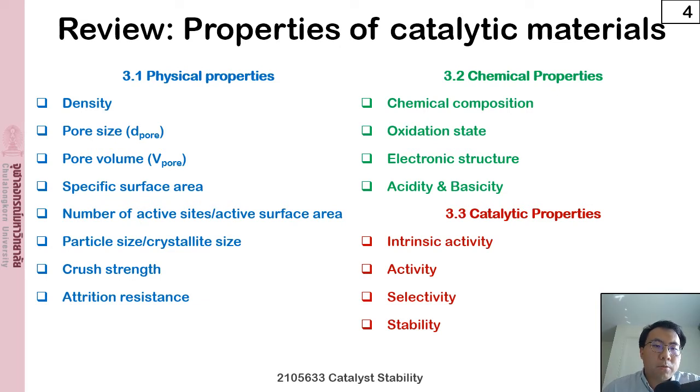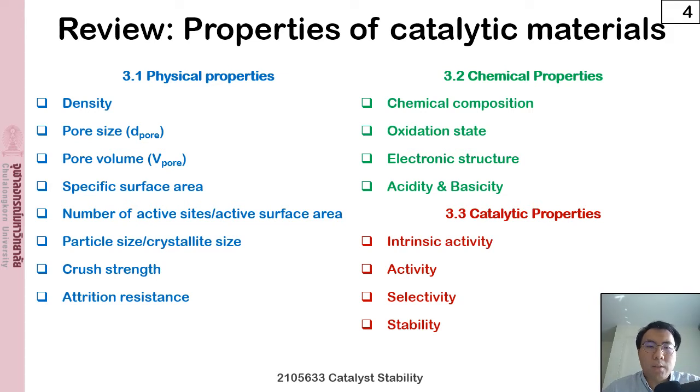The crush strength and the attrition resistance can be seen as mechanical properties, and they are also important factors when you operate at larger scale, when you need the catalyst to be packed in your reactor.